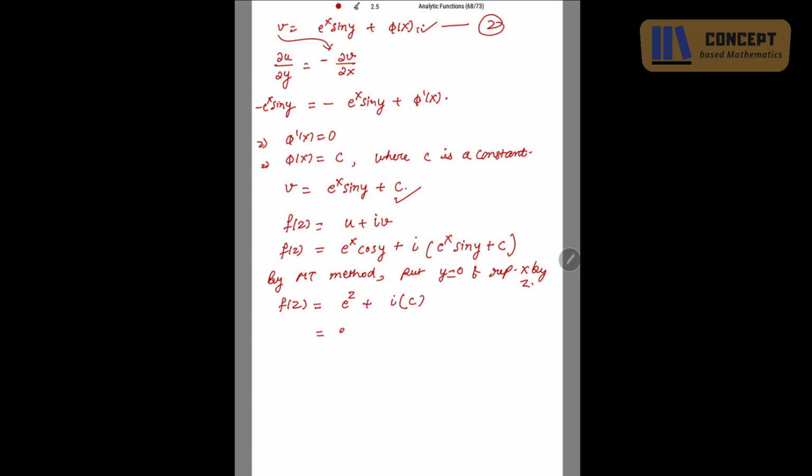So this is e to the power z plus iota c. There is no need of integration, because we only add this u and v and put those values in this f of z. So this is already f of z, there is no f dash z, so no need of integration over here. So this is the required analytic function.